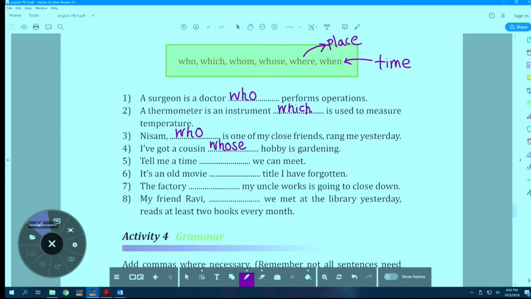Right. Fifth one. Tell me a time. වෙලාවක් අහන්නේ. Tell me a time. Yes, when we can meet. අපිට මුණ ගැහෙන්න පුළුවන් වෙලාවක්. Tell me a time when we can meet.